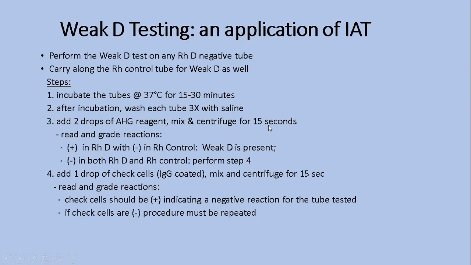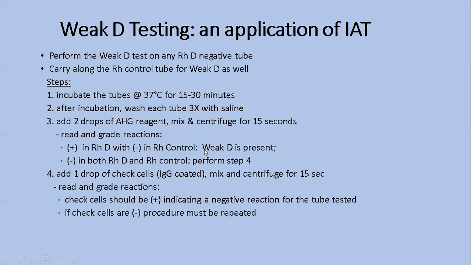We mix, we centrifuge for 15 seconds, and we're going to use our viewing lamp in the same way to read the reactions. So when we're reading our reactions, we want to grade any positives. If we see a positive in the RHD tube and a negative in the RH control tube, guess what? We're done.